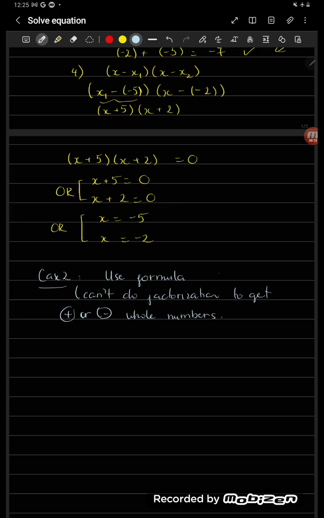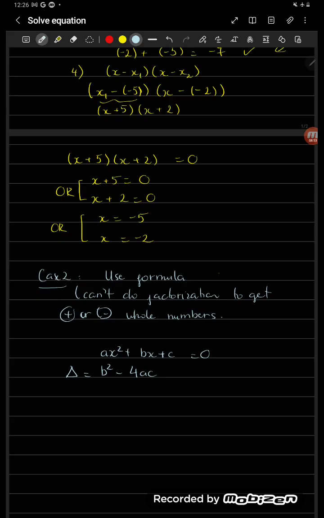Okay, so in that case we need to use a special formula, and the general form is also ax squared plus bx plus c equal to 0. Then we need to calculate something called delta. The formula is delta equals b squared subtract 4ac.